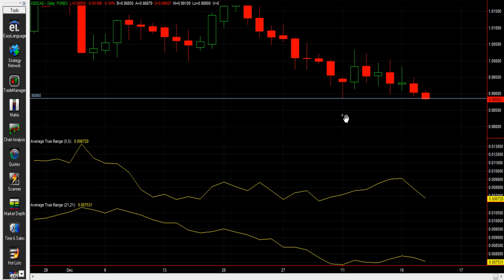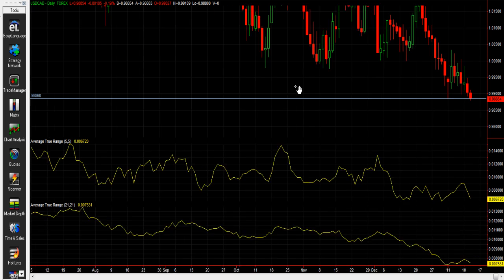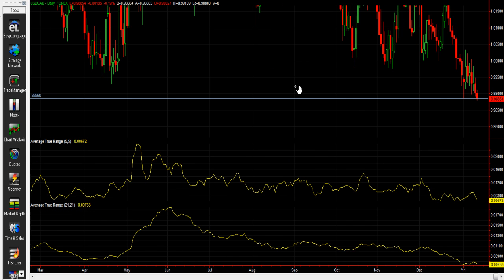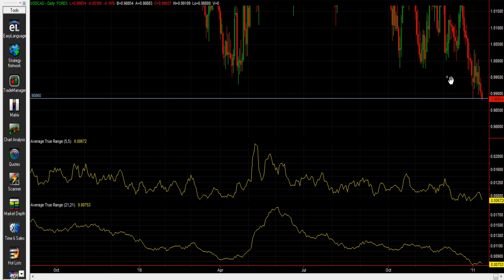So if people are bullish about commodities, they want to invest in the Canadian dollar. And that, coupled with a technical setup of breaking a multi-year low, tells me that USD CAD has more room to go down.